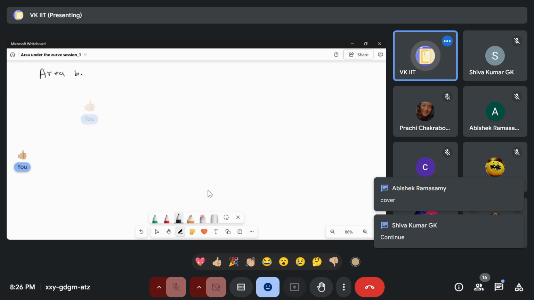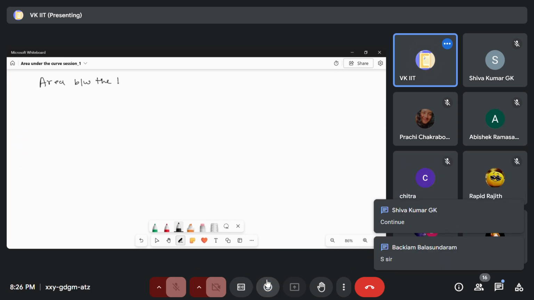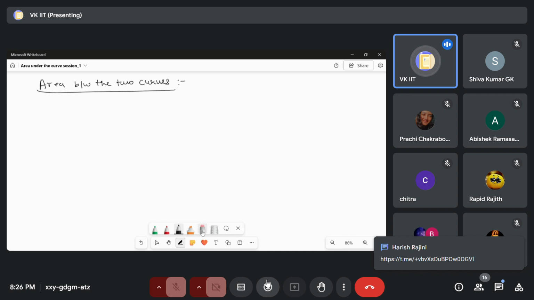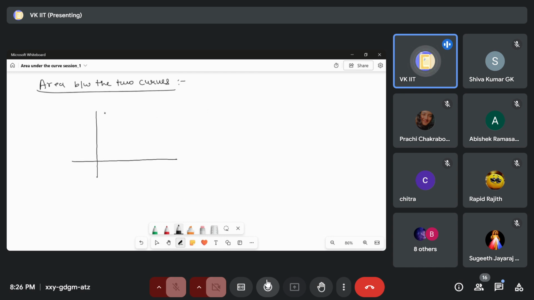So area between the two curves. Suppose that the curve is given like this. Till now, we have discussed only one single curve which was given in the xy plane. But suppose two curves are given now.